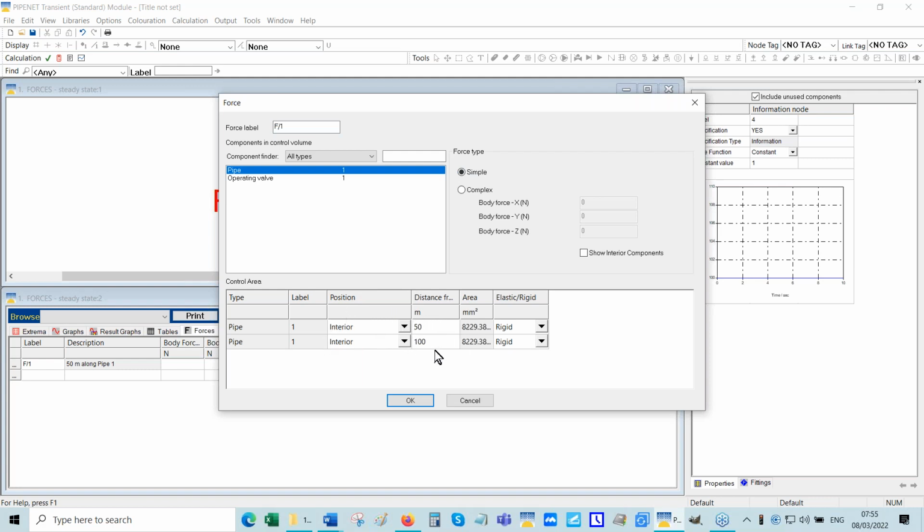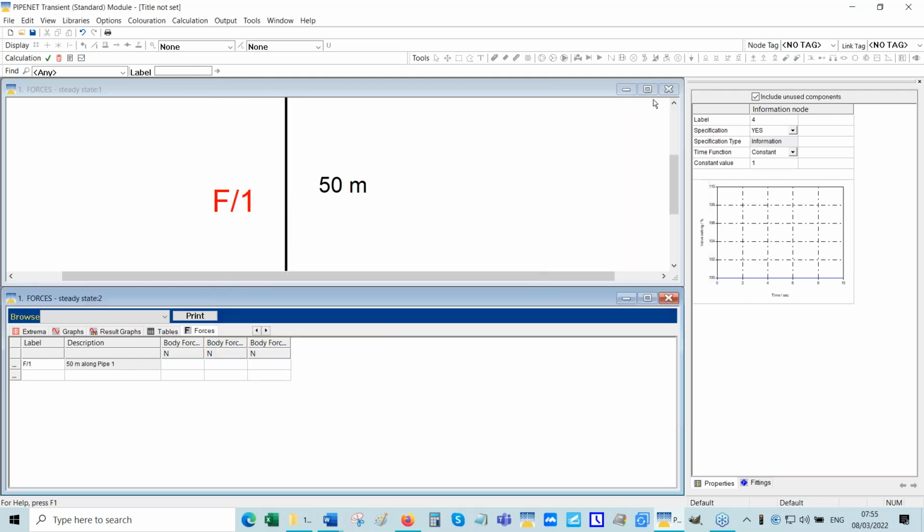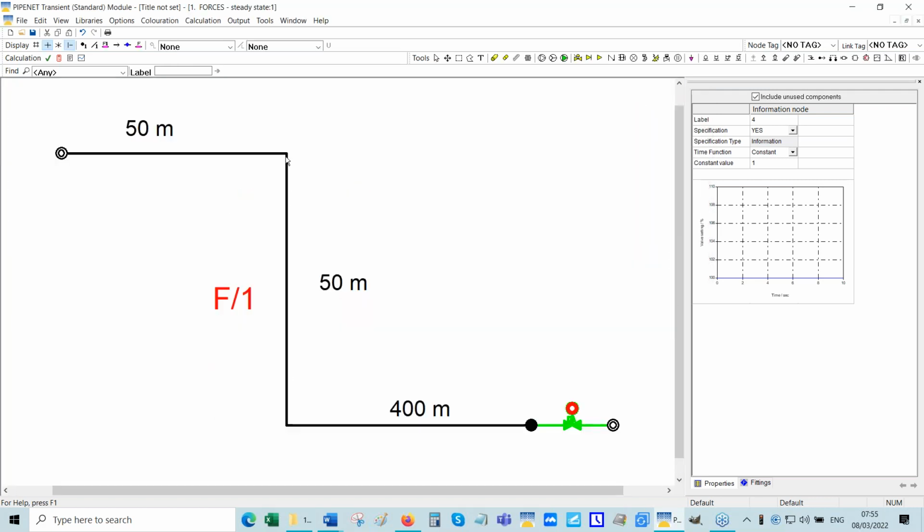The interior point of 50 to 100. Why am I defining the force like that? Because that is the force in this section. Now, there's a very key point that I would like to mention here, which we'll see in a little bit more detail.